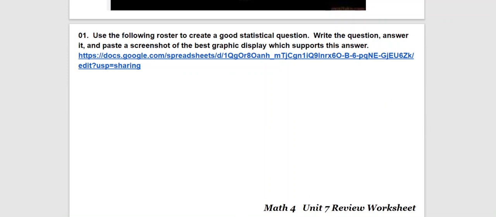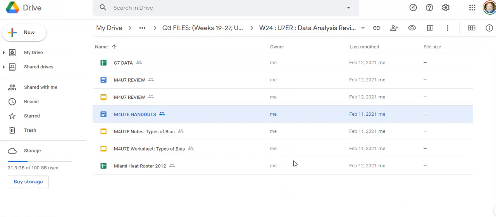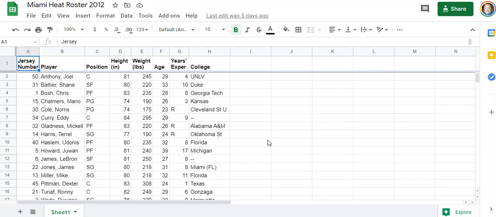So let's go to the first one, which is going to be the team roster for the Miami Heat. I apologize, my computer is a little slow today, so it's going to take a few seconds every time I change and click.